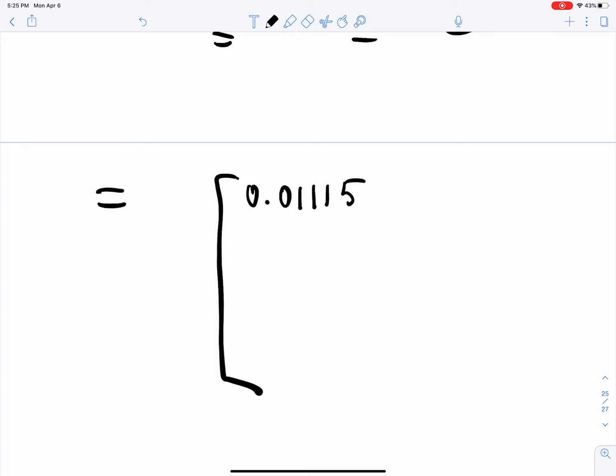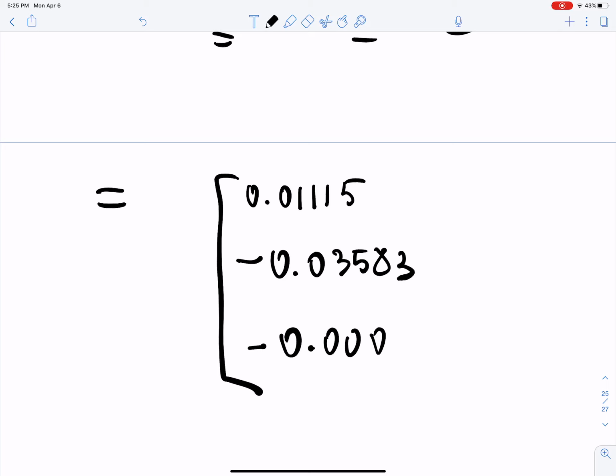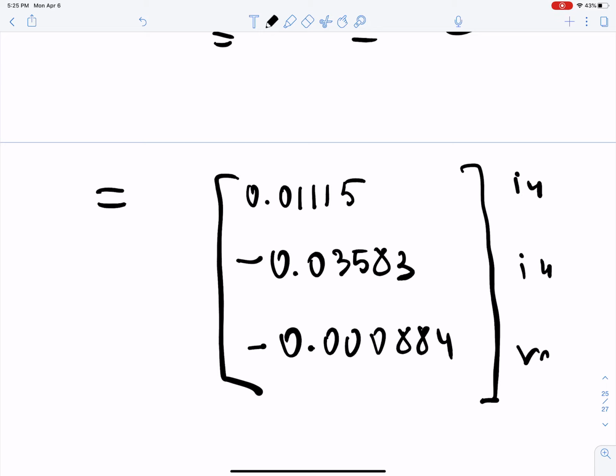0.01115, minus 0.03583, okay, and minus 0.00, it's very small, 0.884. Okay, this value is in inches, this value is in inches, and this value is in radians.